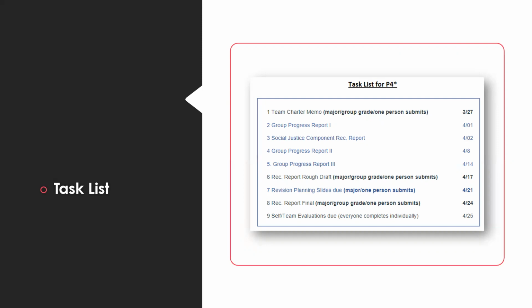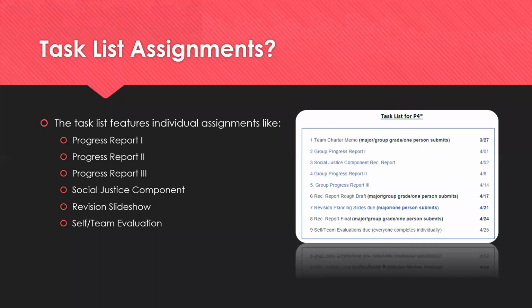The task list is in place to ensure equity of task distribution for P4, both for accountability and for practicality's sake. The task list ensures that everyone is graded for individual assignments related to P4. During your first group meeting, just like what you see on the screen, place a teammate's name next to each task.